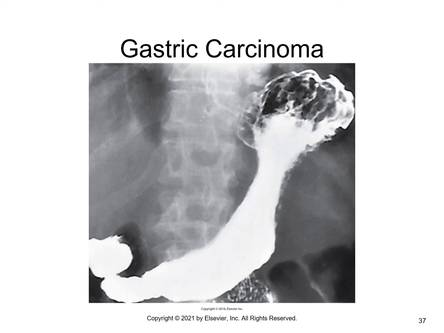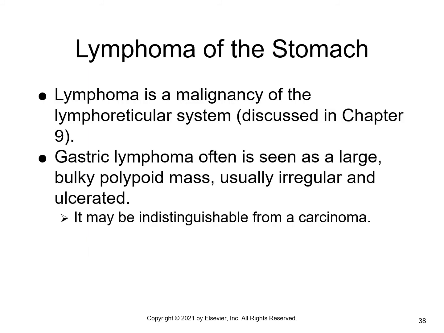But down here in the distal stomach, the pyloric region, you're seeing that you lose all of that rugae, and that's due to underdeveloped mucosa. And over time, that's become cancerous, or gastric carcinoma, and it's really taken away the rugae appearance of the stomach.